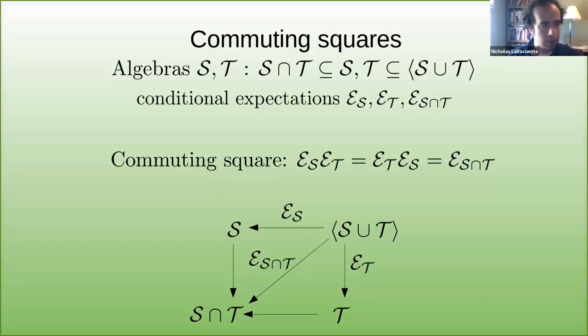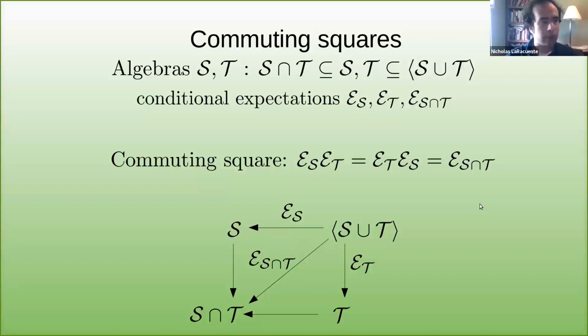We say that these are in commuting square if their conditional expectations commute, in which case the product of the conditional expectations to the two subalgebras is equal to the conditional expectation to their intersection. And in that case, we can represent this by this nice diagram where any path down these arrows will essentially get you the same result if you end up in the same place.